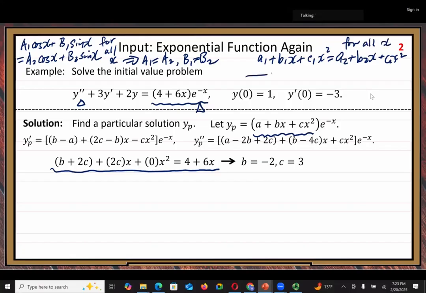Then we have A1 must be equal to A2, B1 must be equal to B2, and C1 must be equal to C2. Can you explain why we can do things like this?